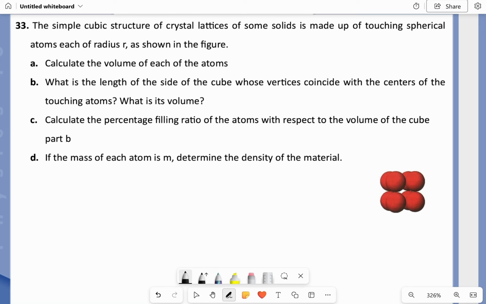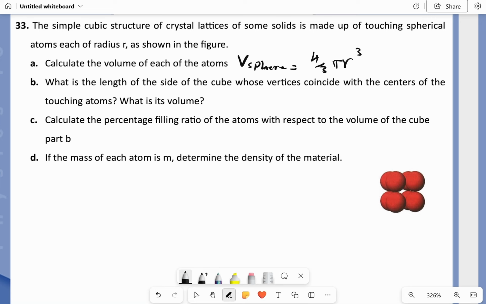Volume of sphere is equal to 4 divided by 3 pi r cubed. This is for calculating the volume of each of the atoms.